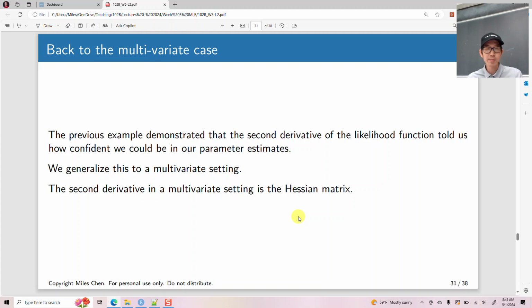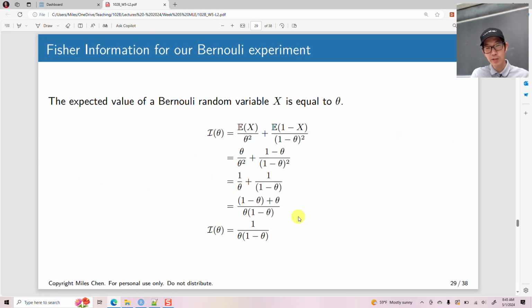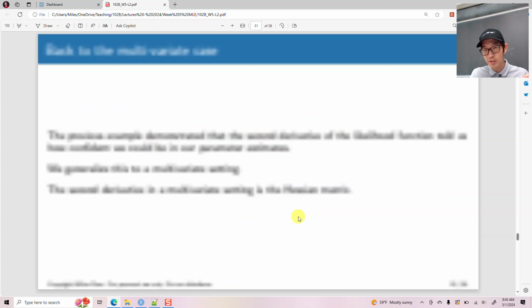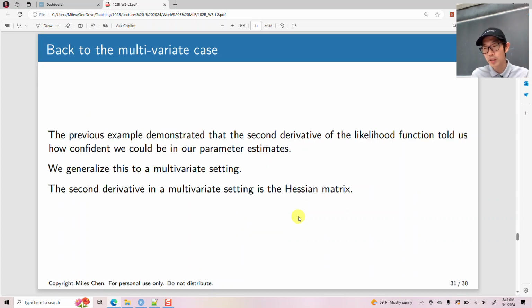Okay, so this demonstrates that the second derivative of the likelihood function told us how confident we can be in our parameter estimates. We want to generalize this to the multivariate setting, okay? If we think about the second derivative giving us information, our Fisher information, this was just for a univariate case. If we do it for the multivariate case, we'll get the Hessian matrix.